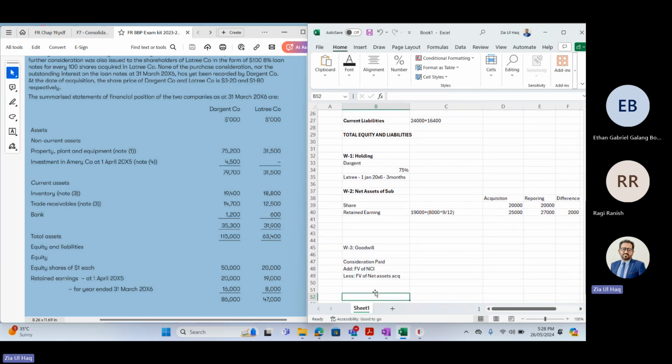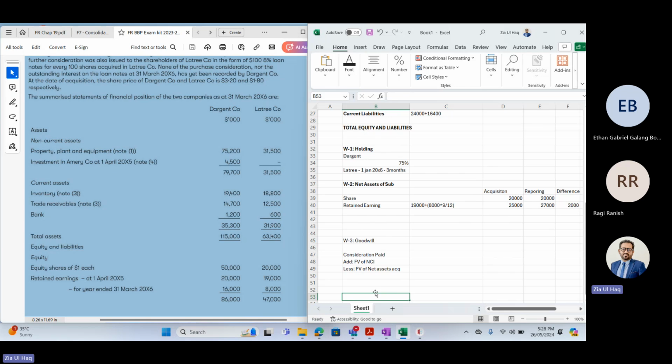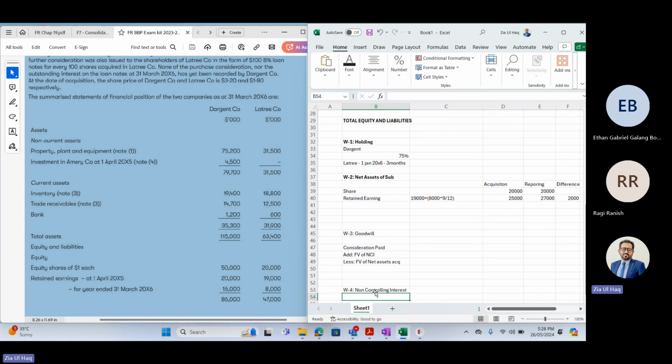So leave 2, 3 lines and then move towards working 4. That is about non-controlling interest. And then in non-controlling interest, we need to record a fair value at acquisition.